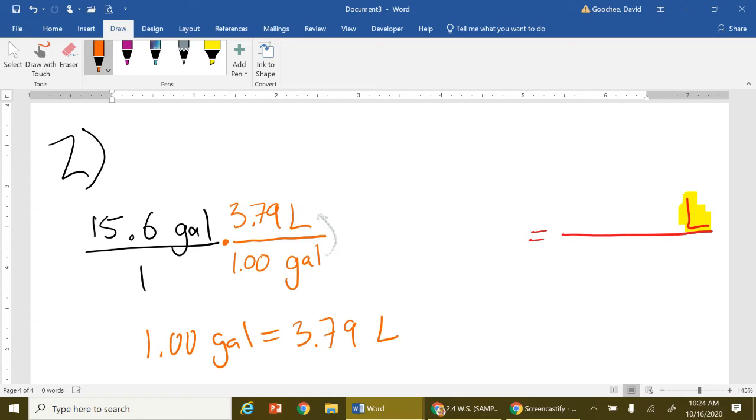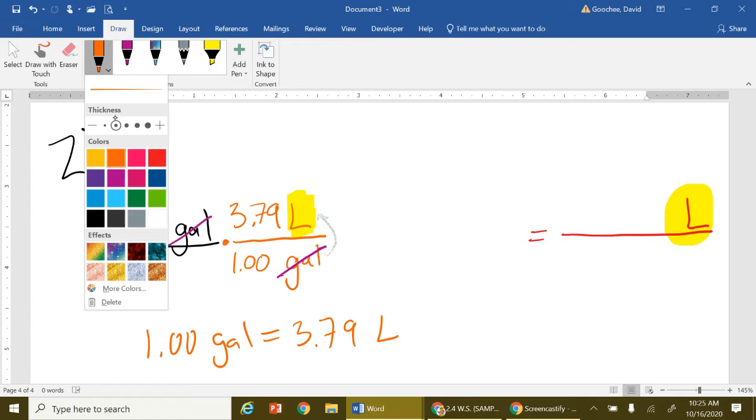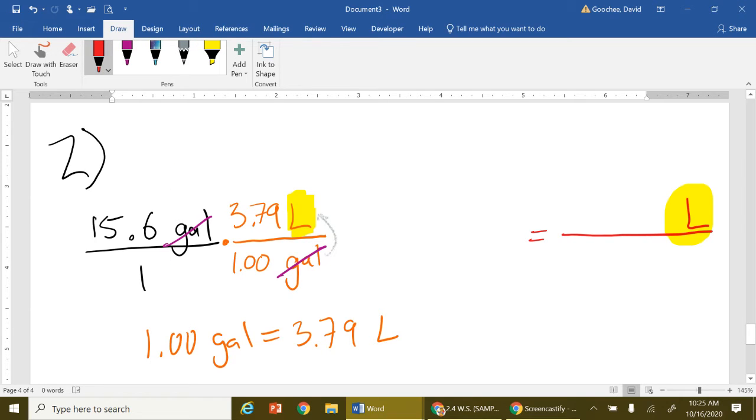So 1 gallon goes on the bottom, 3.79 liters goes on top. Gallons cancel. And once again, take a look. Now we have liters as the unit on top, which is what we want our answer to be in. So now we know we're done with the conversion portion of this problem. Now we can just do some math.